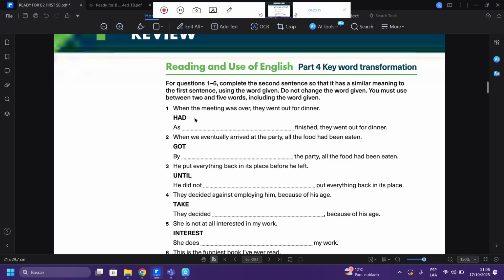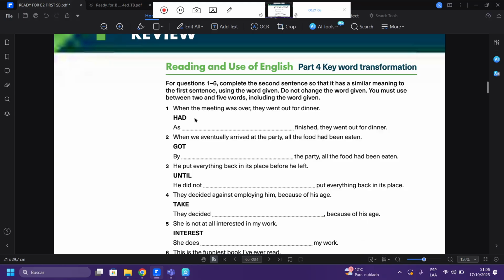So in this part, you have the first sentence, then you have the keyword, which is "had" in this case. In the next sentence, you have to include the word "had" and use between two and five words, no more than that. That is the rule here, because otherwise your exercise is not going to be taken into account. So the rule is to use two to five words, including the word given.